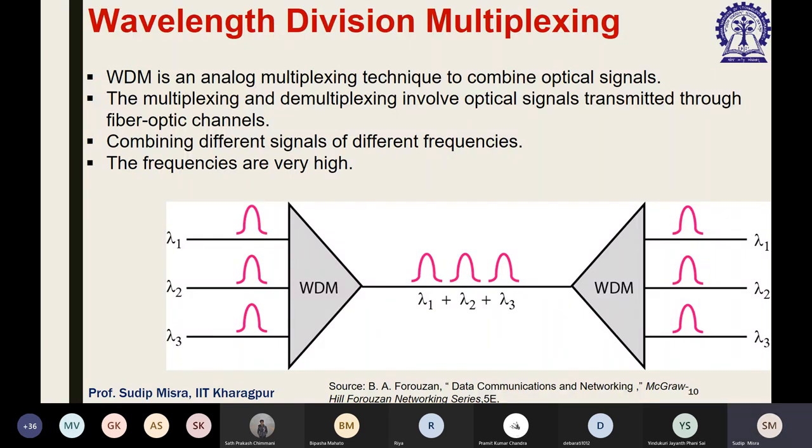So you need low wavelength pulses. Small wavelength means very high frequencies, so it is as if high frequencies are all combined. Both frequency division multiplexing as well as wavelength division multiplexing are used for analog signals, right?